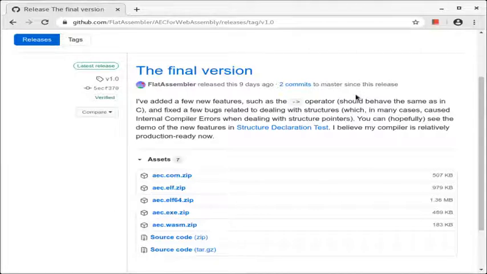The Linux executable files there are statically linked, so they should run on a wide range of Linuxes. It's kind of a question whether to publish dynamically linked executables on GitHub, because they are smaller and so they take up less disk space and less bandwidth.